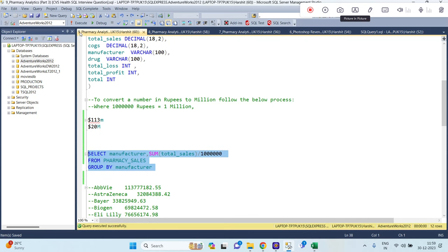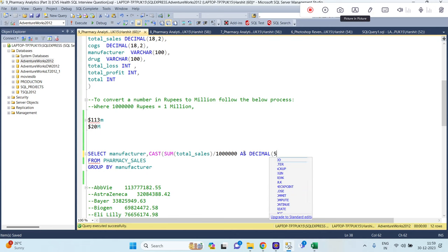Okay, now let me do. If you are familiar with SQL Server, then cast and convert functions are there, right? Cast and convert. So here we need to do cast as decimal 5 comma 0.